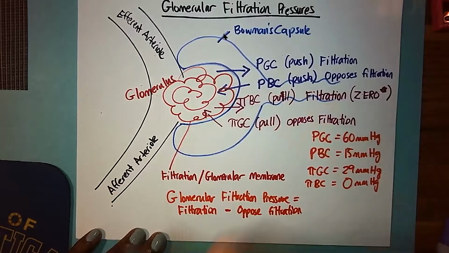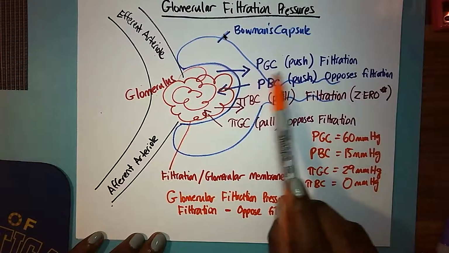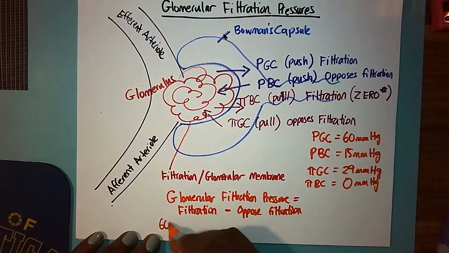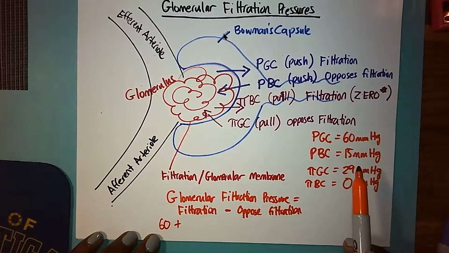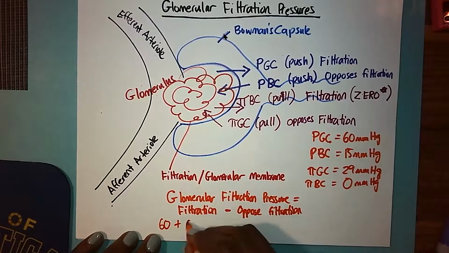Okay, so we want to identify the forces that favor filtration. So that's going to be our hydrostatic glomerular capillary pressure. So that's going to be 60. And our Bowman's capsule oncotic pressure, which is 0.